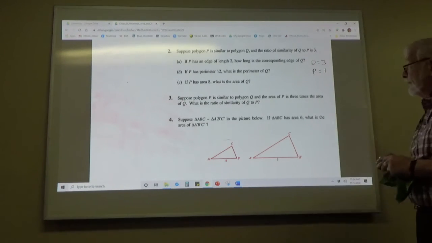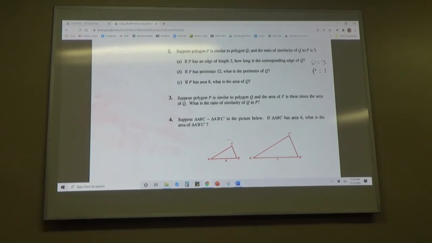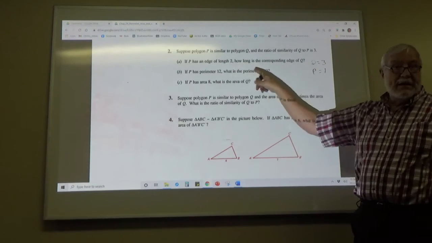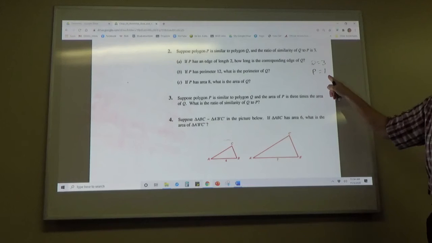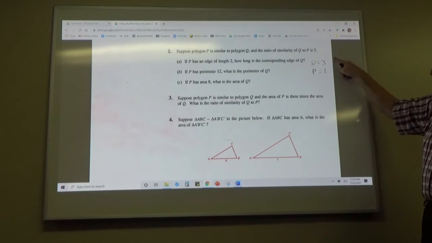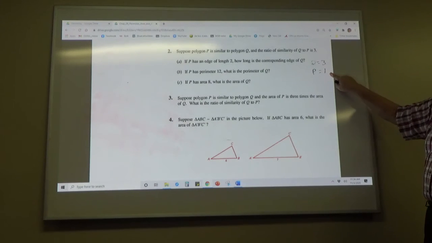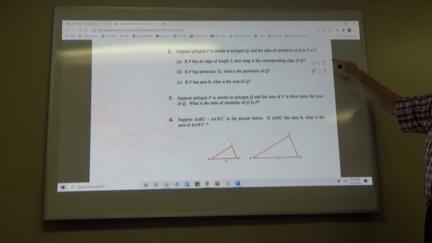All right, if P has an edge length of 2, how long is the corresponding edge length of Q? So P is 1 and Q is 3. So this is 1 times 2 and this is 3 times 2, or 6.